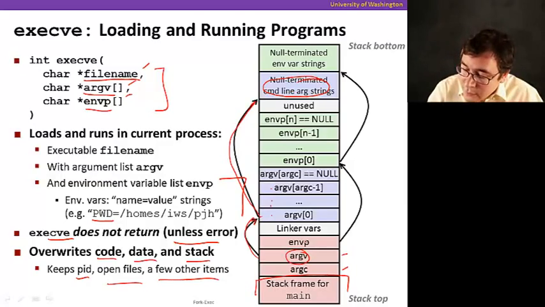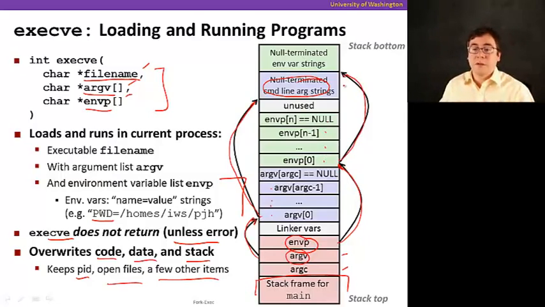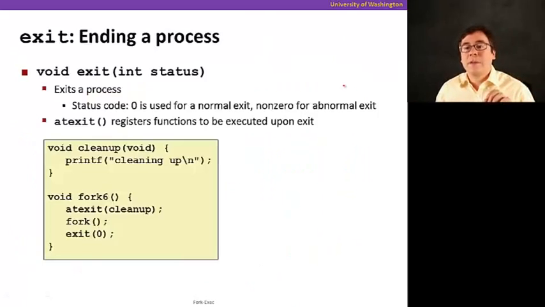The environment env points to another vector that's a list of pointers to the contents of the environment variables. So it's a pretty beefy data structure. All right, so this is how execv works.